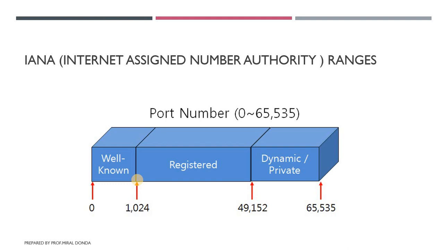The registered port numbers are between 1024 and 49,151. So those are called the registered ports. The registered port numbers are the port numbers that companies and other users register with the Internet Corporation for Assigned Names and Numbers, ICANN, for use by applications that communicate using the Internet's protocols.